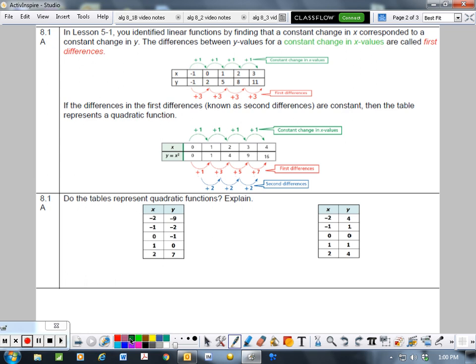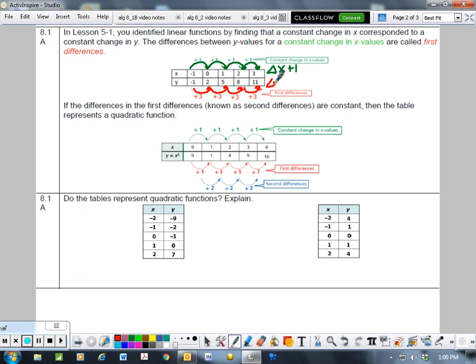And we did this in chapter 3. We looked to see if something was linear. And we could tell if it's linear because every time I looked at my x's, there was a constant change in my x. So here, my change in x was positive 1. And then I looked at my y's, and my change in y was constant. Each time I added 3.